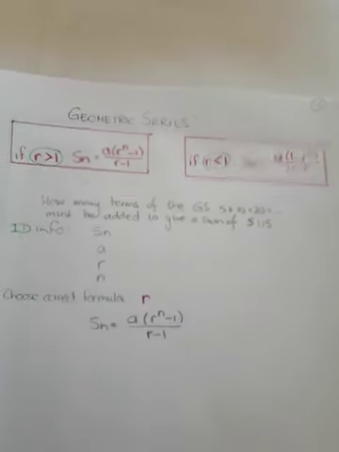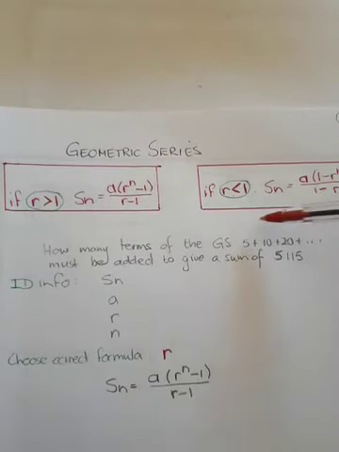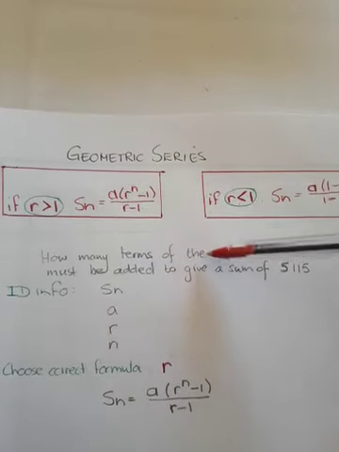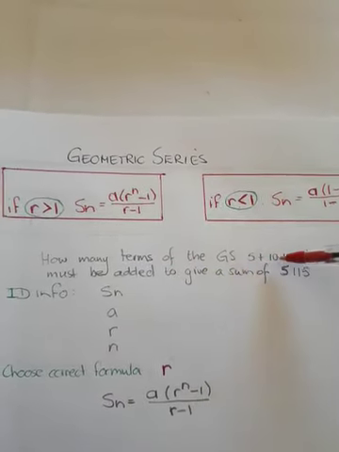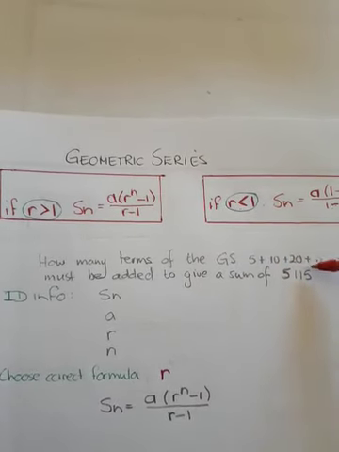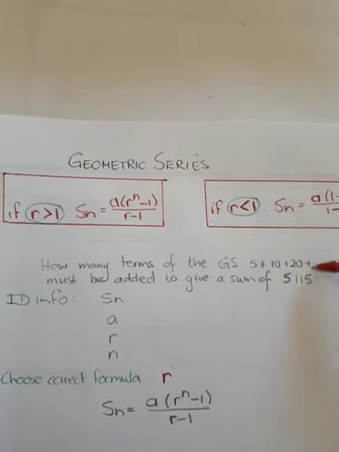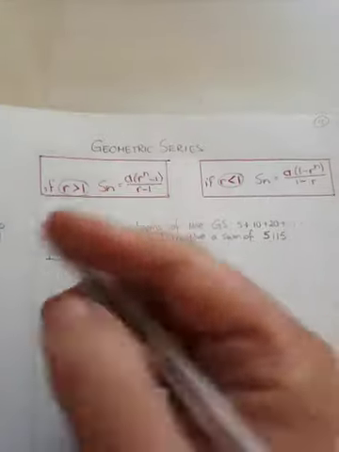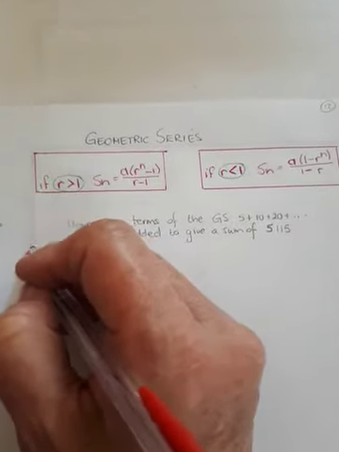Okay, so let's look at this example. How many terms of the geometric series 5 plus 10 plus 20 and so forth must be added to give us a sum of 5,115? Okay, step number 1 is you must identify your information, right?